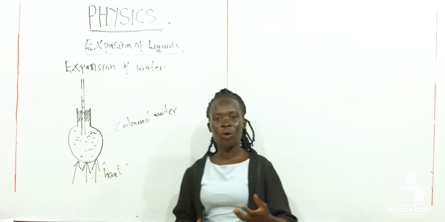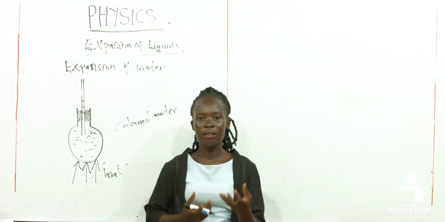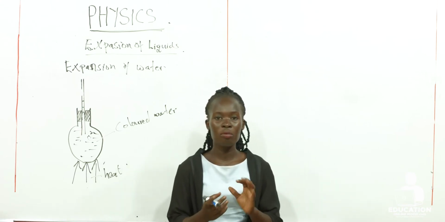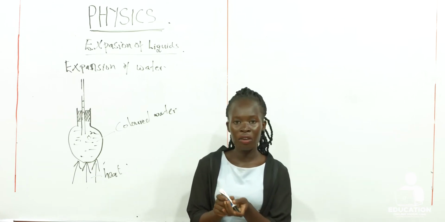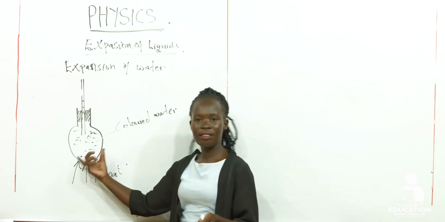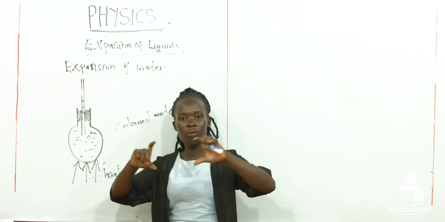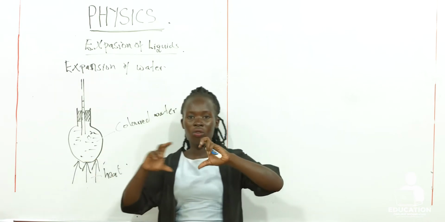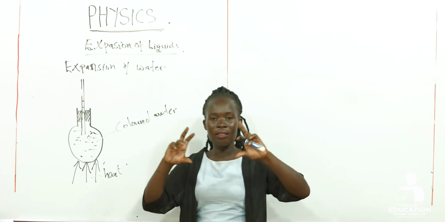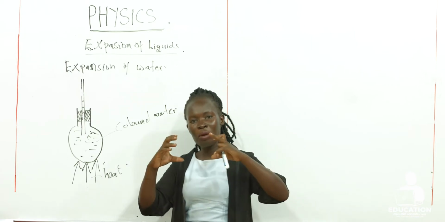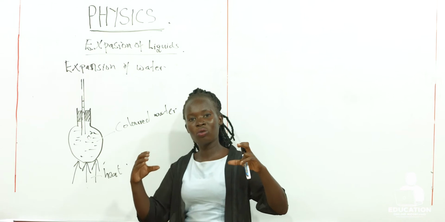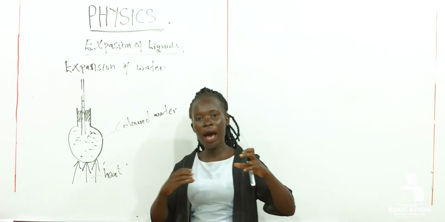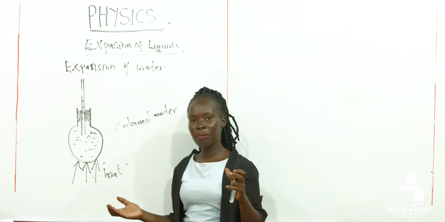So the flask was the first to start absorbing the effect of the heat. As it absorbs the heat, the flask itself will expand, meaning it will increase in size. So what happens when it increases in size? That means the liquid has to occupy more area than it occupied before.